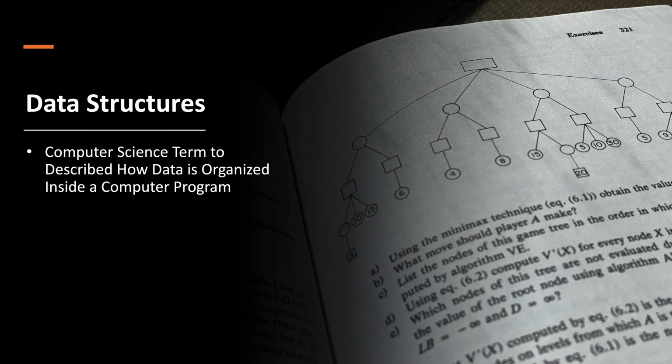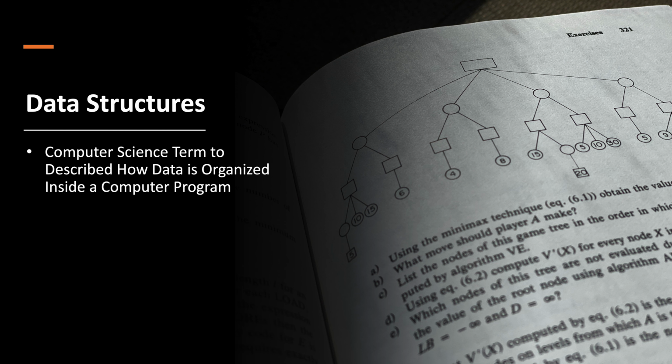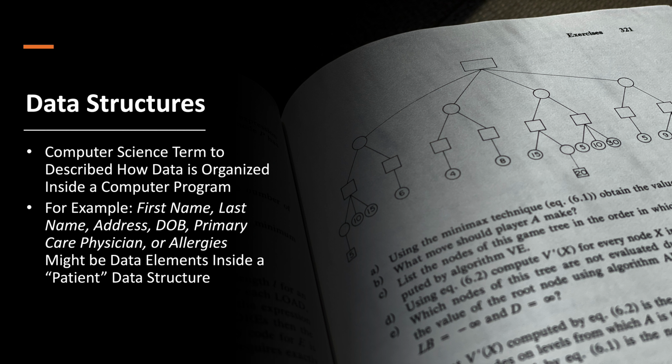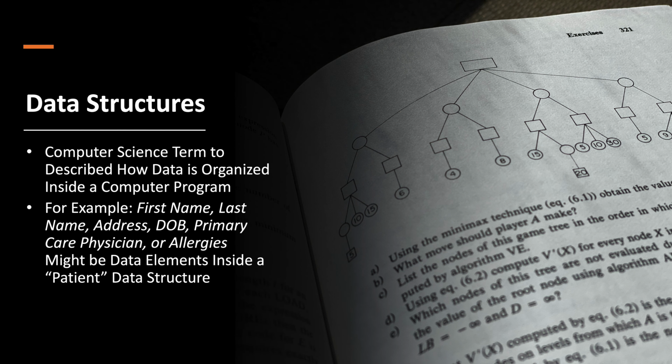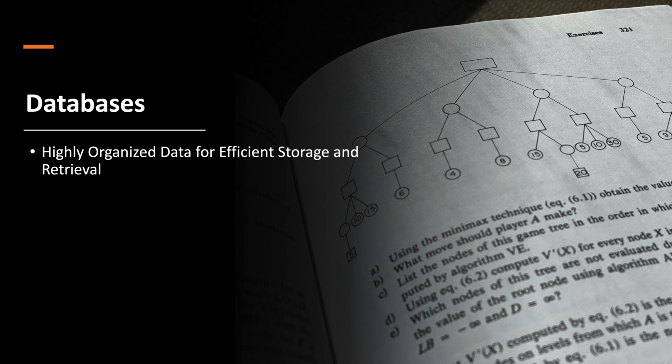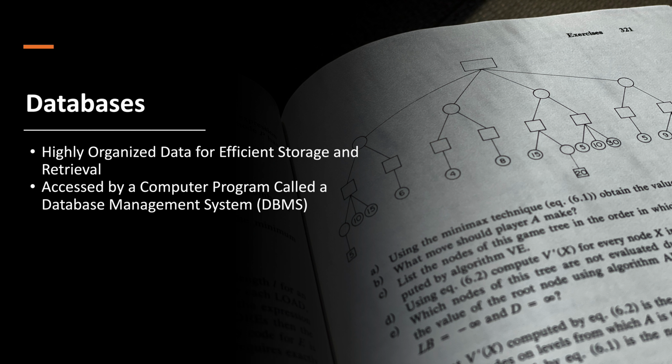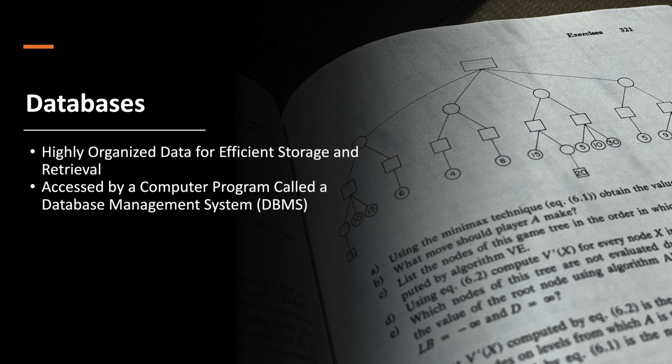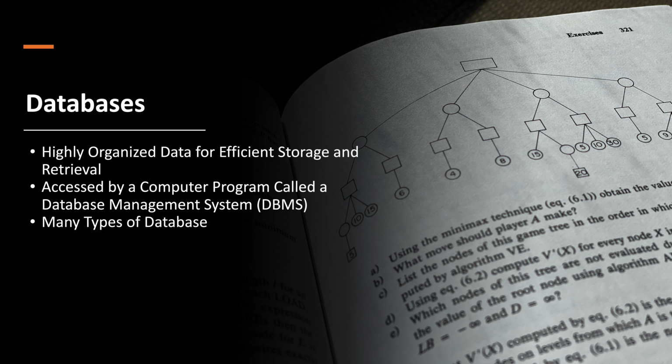A data structure is a computer science term that determines how data is organized inside a computer program. For example, a patient data structure might include things like fields for the first name, the last name, the middle name, the address, the patient's birth date. Databases are highly organized for efficient storage and retrieval of data. Computer programs and humans can actually access databases via a special computer program, database management system.